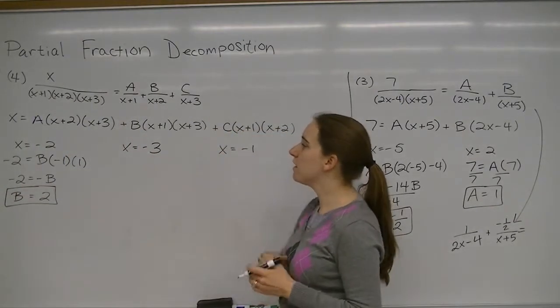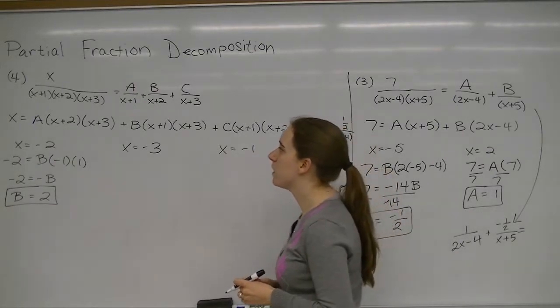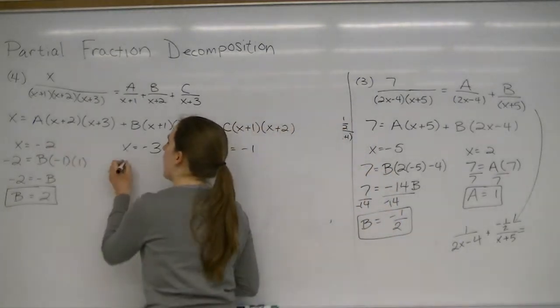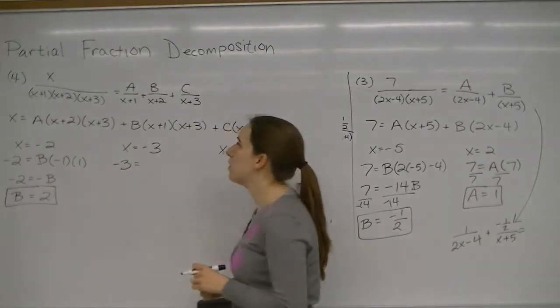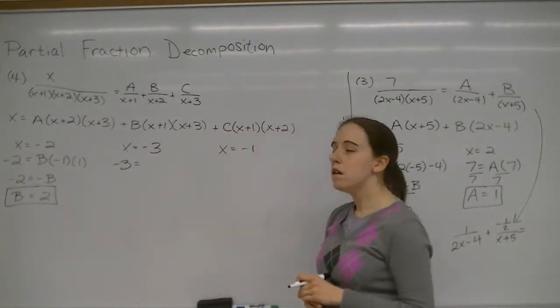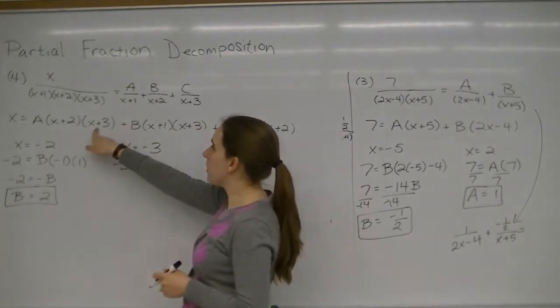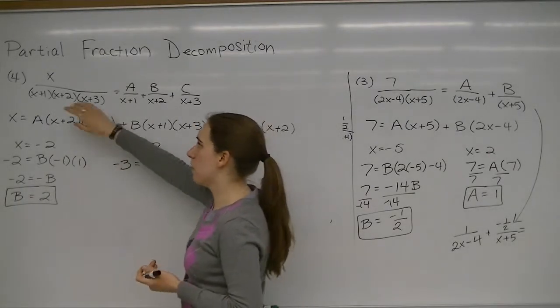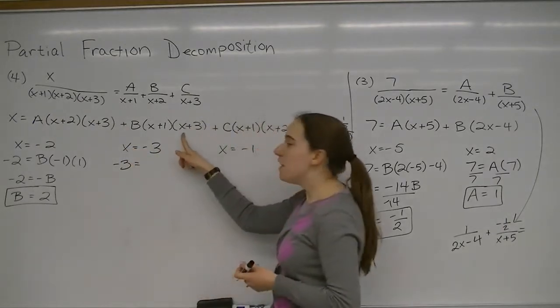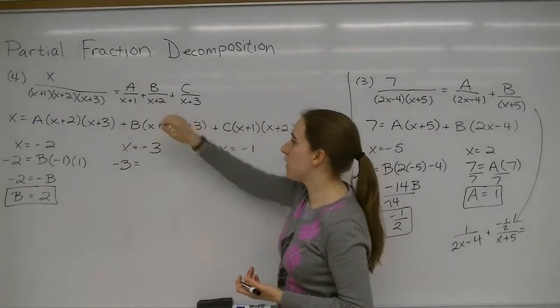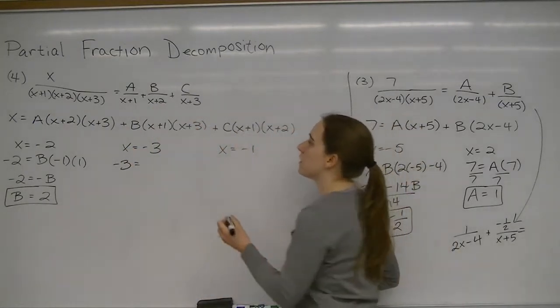Now what about if x is equal to negative 3? Well, my left side will just be negative 3. And then this piece will be 0. Negative 3 plus 3, 0. So that term will disappear. This piece will also be 0, so this term disappears. So we're just left with our c term.